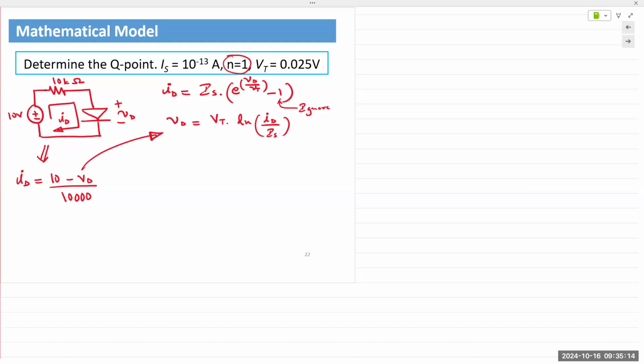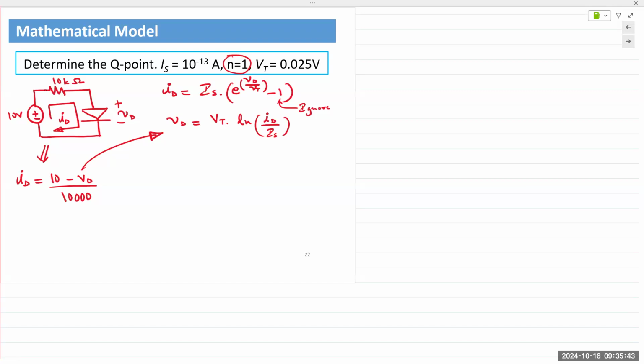You plug in either one of those into the other expression, you can eliminate one of them. If you plug in VD into ID, then the entire expression only has ID. If you plug in ID into the equation for VD, then you only have VD in there. Does that make sense?